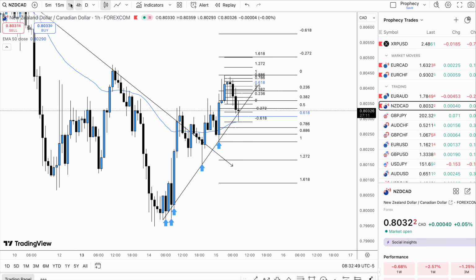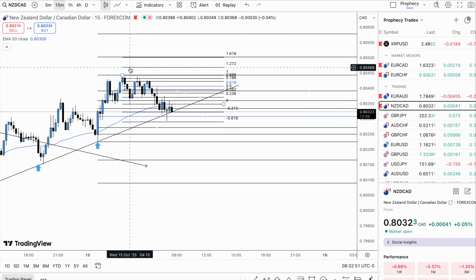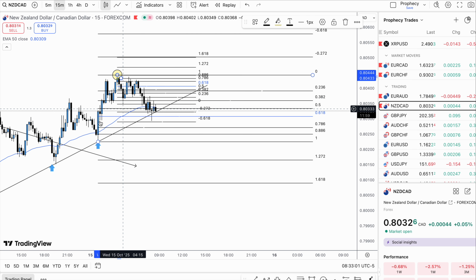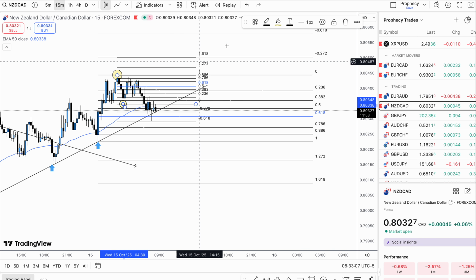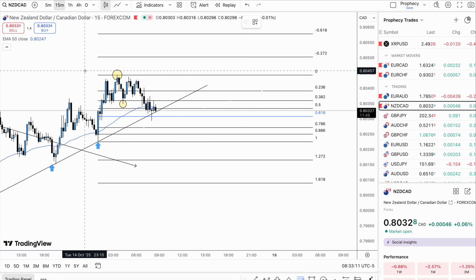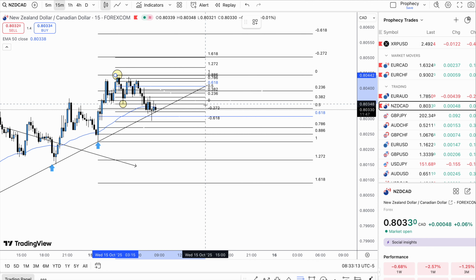And then as far as the fib trick, I went down to the 15-minute. Let me highlight this for you. I went from this swing high to this swing low. And I will do it with you. So I'll delete the fib trick so you can see. Basically I went from this swing high to this swing low.